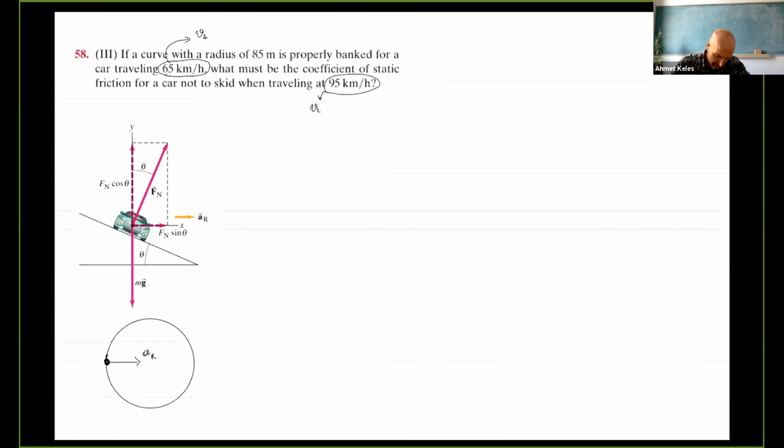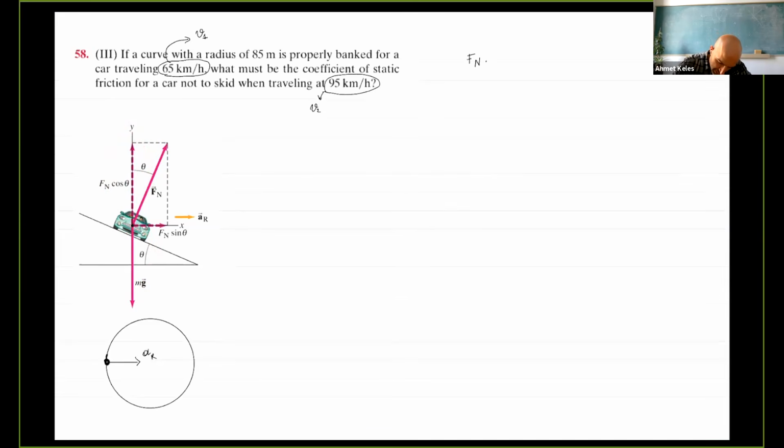Now we can set it up. So from the vertical direction, there should be no motion. So f normal times, okay, let me take a look. This is f normal. I projected this guy. So this guy should be equal to this guy so that this guy doesn't move along that direction.